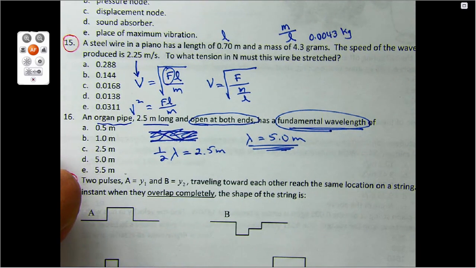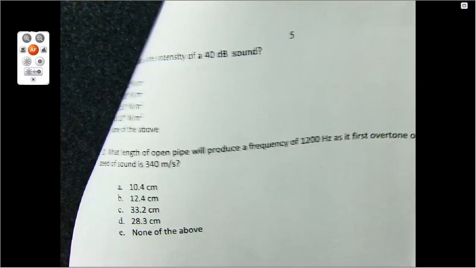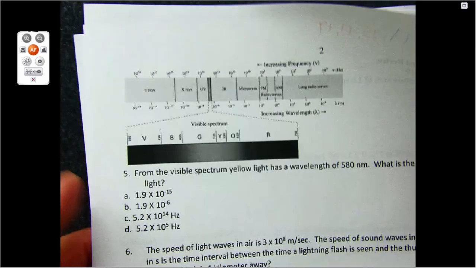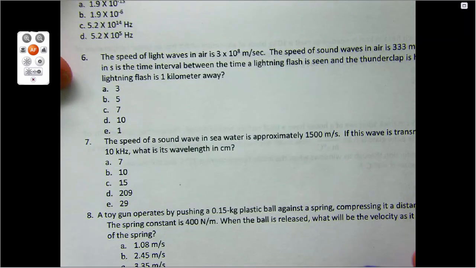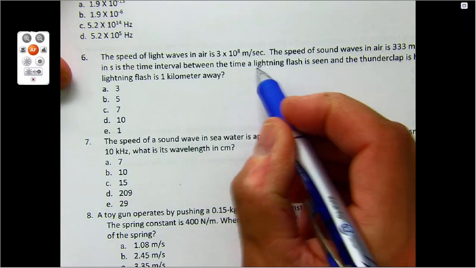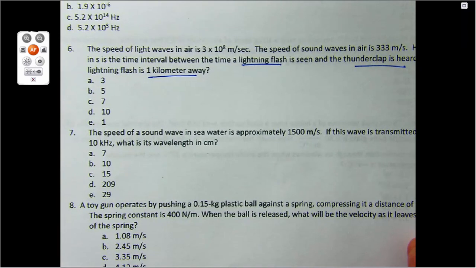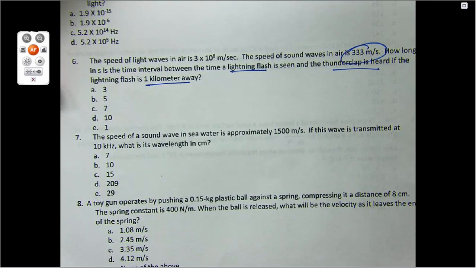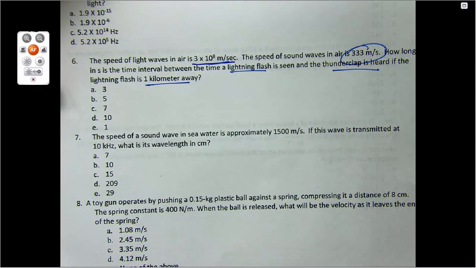Anything else? 6? Okay. The speed of sound is 333 meters per second, the speed of light is 3 times 10 to the 8th meters per second.